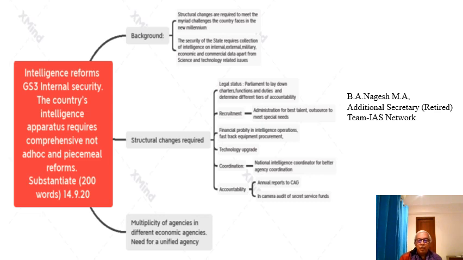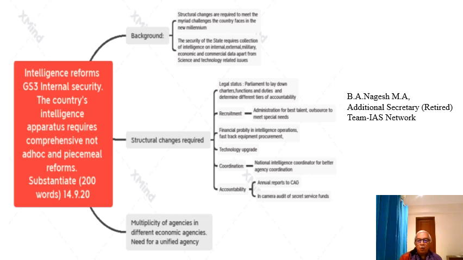Finally, we spoke of annual reports to the CAG, the Comptroller and Auditor General, so everything becomes transparent. There's a discussion on the working of the department where Parliament scrutinizes the functioning of various departments. So this also could be scrutinized if the annual report is submitted to Parliament through the CAG.